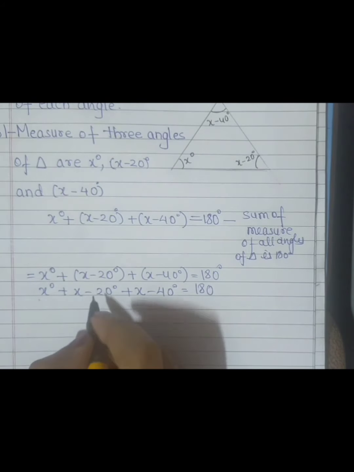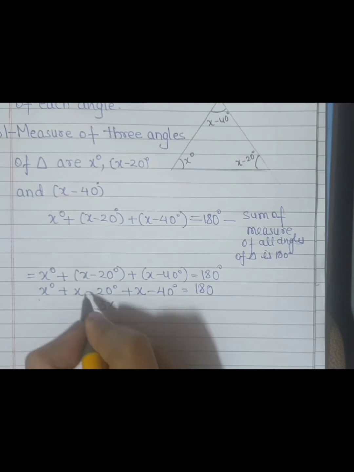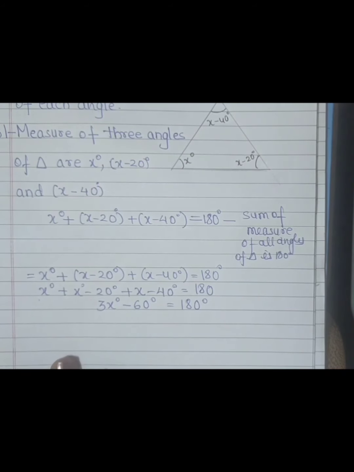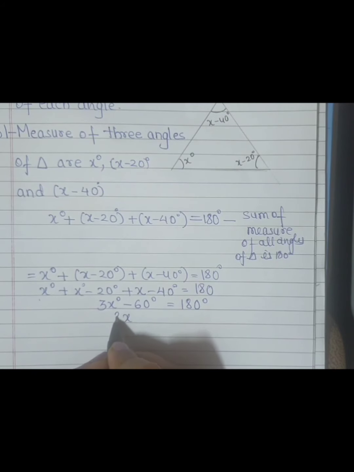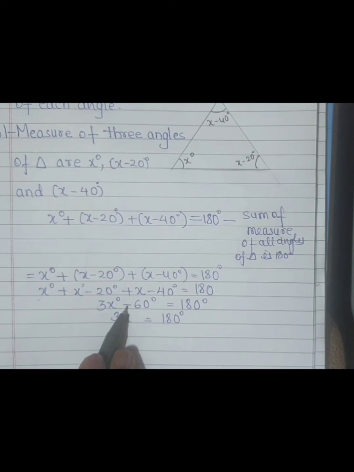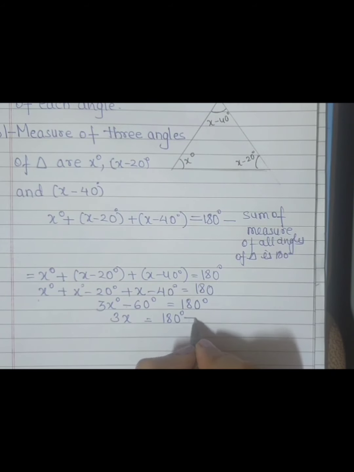Now here we'll get 3x degree minus 20 and 40, minus 60 degree equal to 180. Now next step will be 3x equal to 180 degree, this minus will come to this side, the sign will change, plus 60 degree.